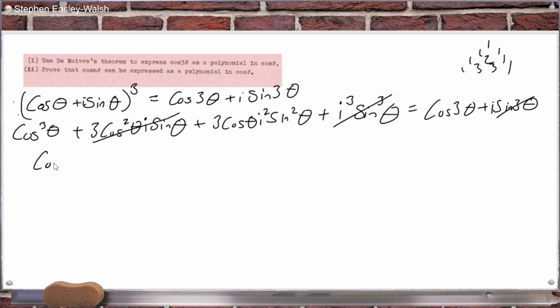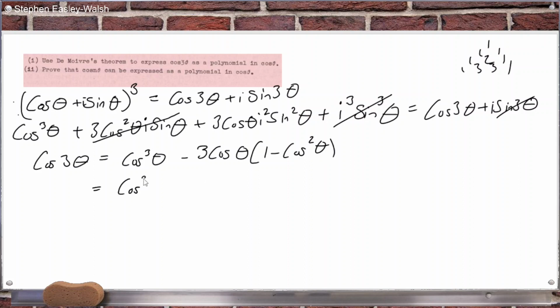So now we have cos 3 theta is equal to cos cubed theta plus 3, and i squared is minus 1, so that's minus 3 cos theta, and sine squared is 1 minus cos squared theta.